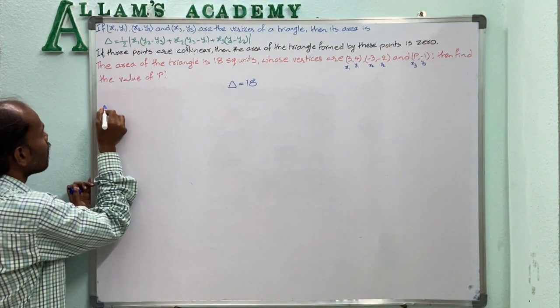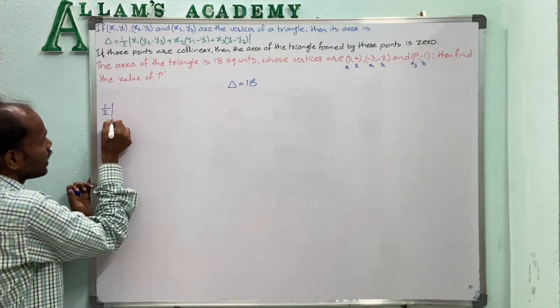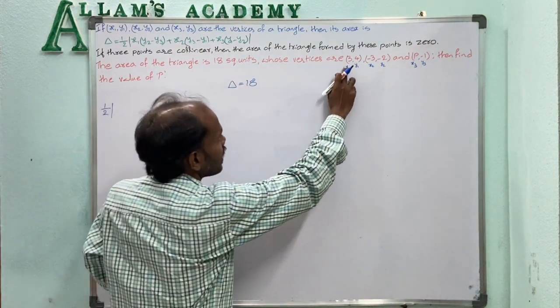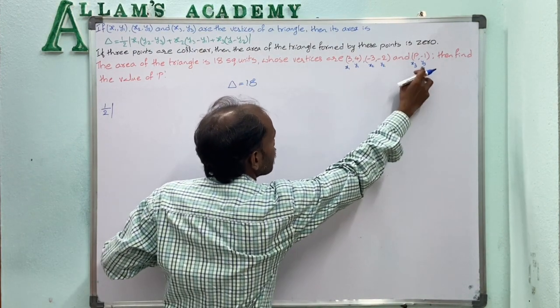So half mod x1, that is 3, into y2 minus y3.